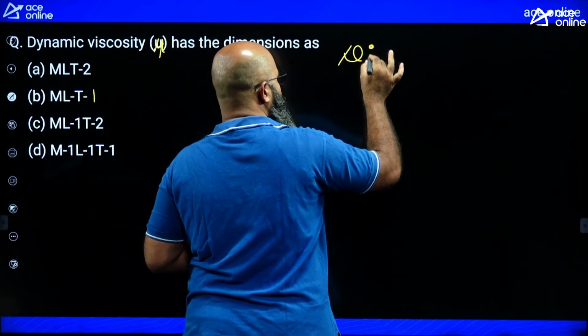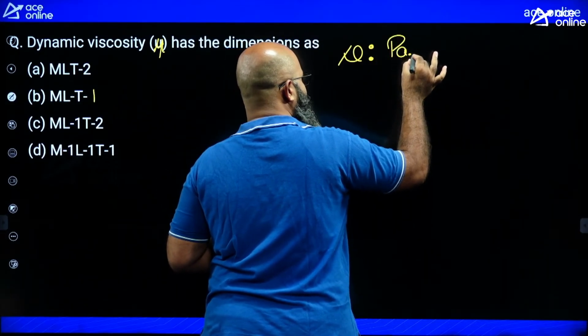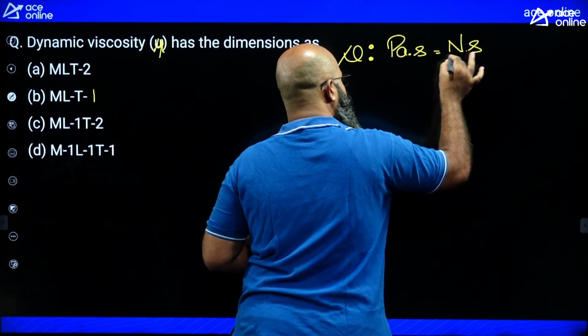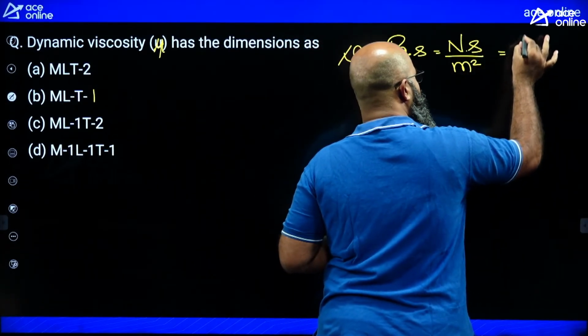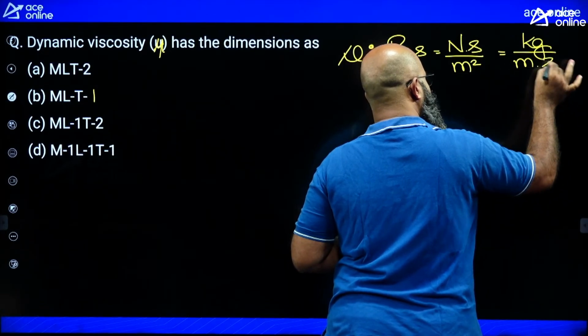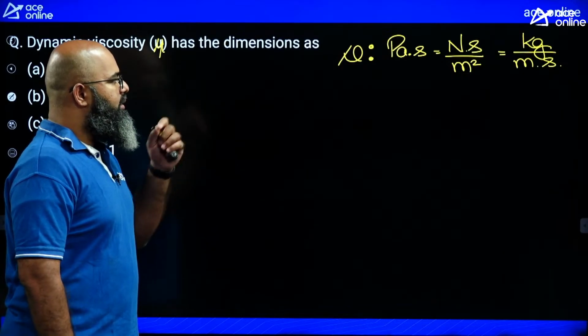Dynamic viscosity has the units of Pascal second or Newton second per meter square, also equal to kg per meter second. These are the units of your dynamic viscosity.